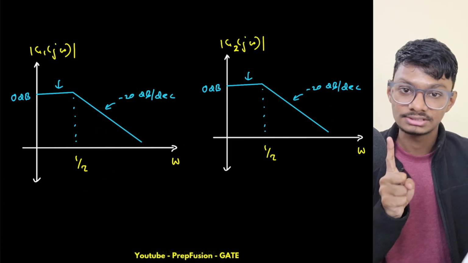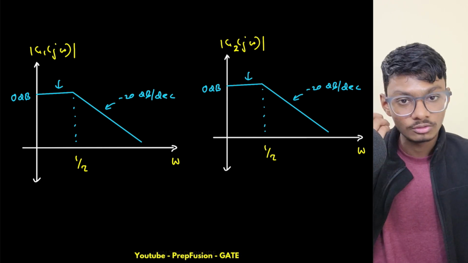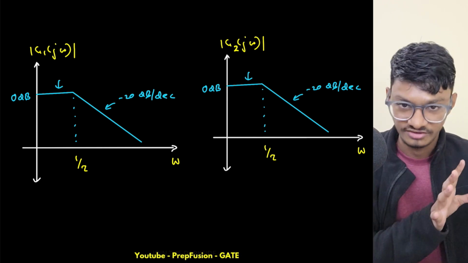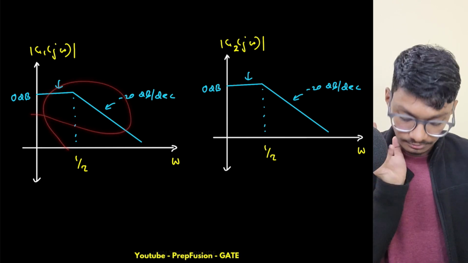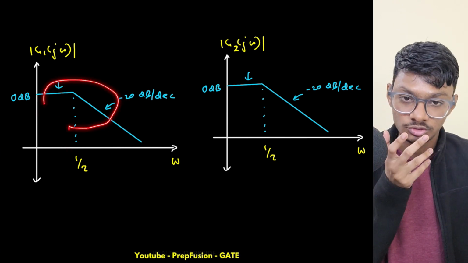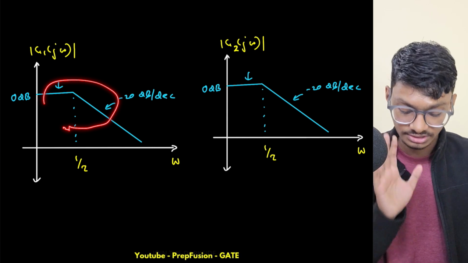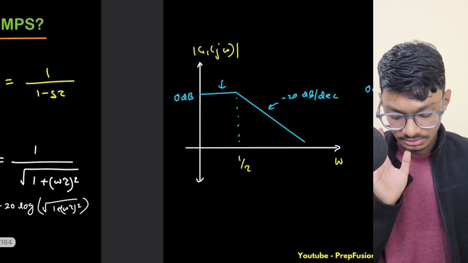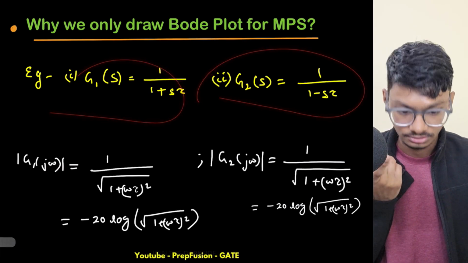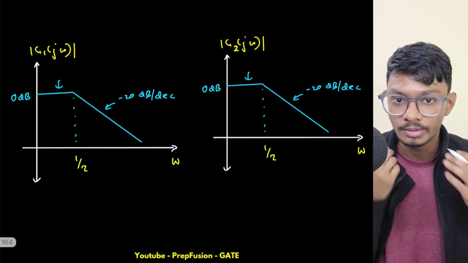Else, if we could plot for both minimum and non-minimum phase systems, I wouldn't be able to tell which transfer function this magnitude plot represents. It represents this also and this also. These are the same, so I won't be able to tell.